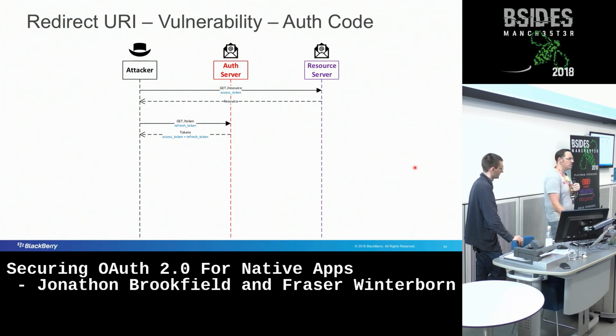Once the attacker has your access tokens, they can use them to access resources on the resource server. And if they've got refresh tokens, they can persist access to your account for as long as the refresh tokens are valid.